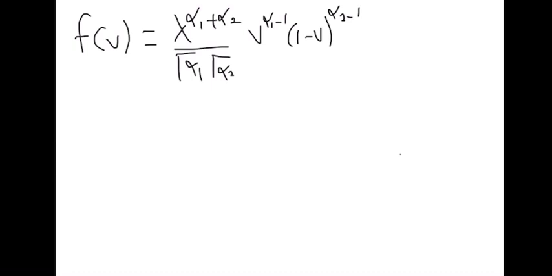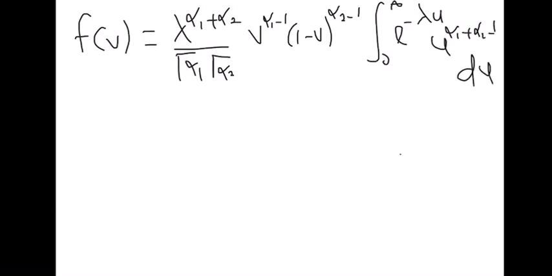What we have inside the integral sign is exponential raised to power, was it lambda u? I think it was lambda u, right? Then we have u raised to power alpha 1 plus alpha 2 minus 1 du. So that is what we have.